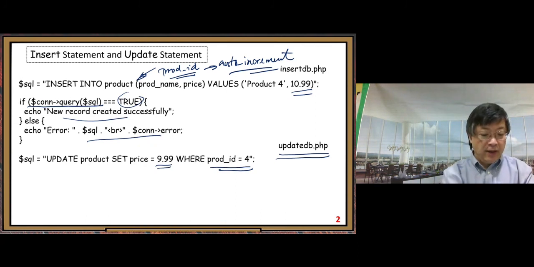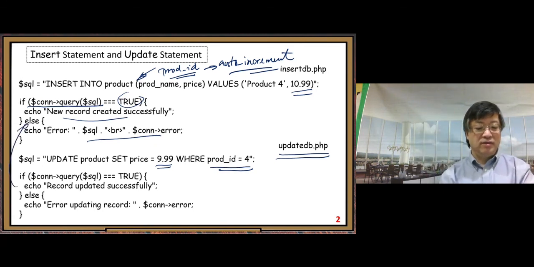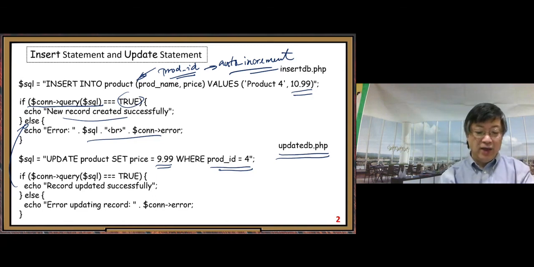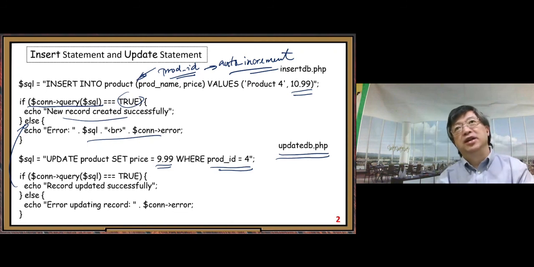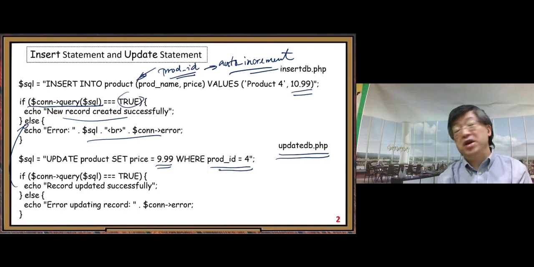I define this update statement, then I execute it in a similar way. For insert and update, the statement is different, but the execution is the same. Now you can see we can do the basic processing.